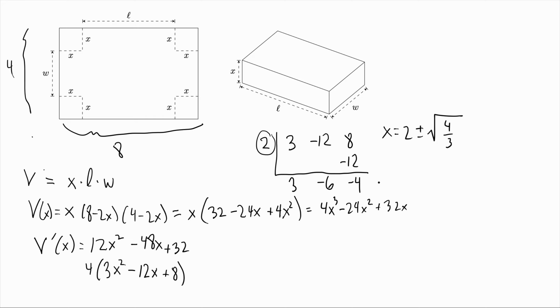Now we get two options: 2 plus the square root of 4/3, and 2 minus the square root of 4/3, and one of these will give us the answer.